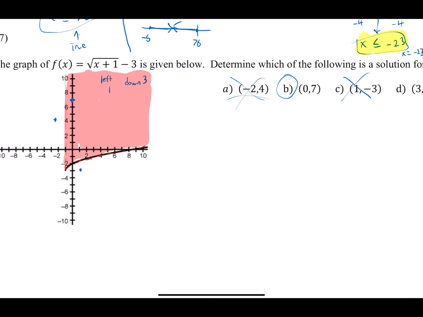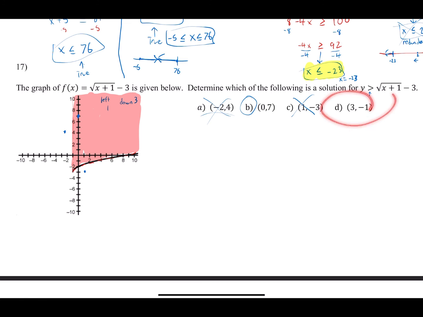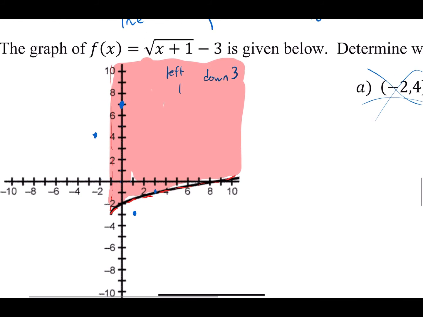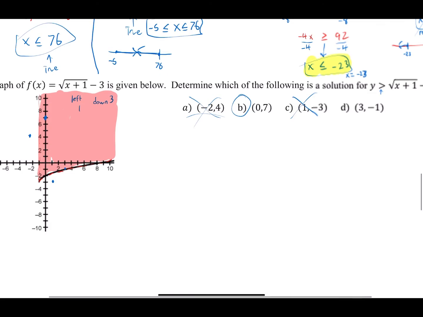Easy way to see why is, well, it's not in the colored area. And D, 3, -1. I think that actually puts us on this line. Let me see. 3, -1 means we plug in 3.